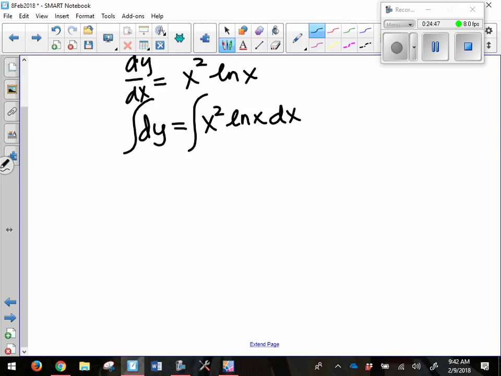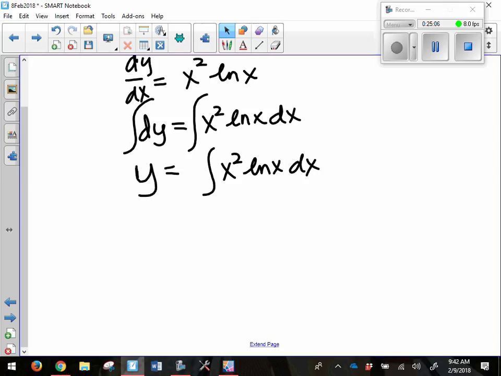All right. So let's do what we got to do here. So the integral of dy is y. And then I've got my integral of x squared natural log of x dx. So I've come to an integral. Rebecca, what's the first thing I ask myself when I come to an integral?